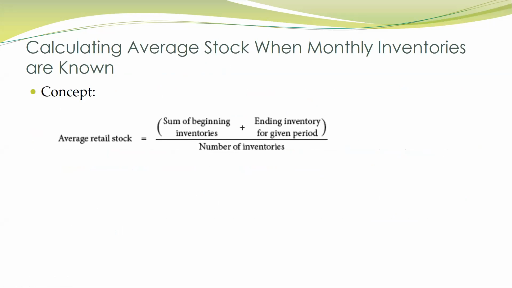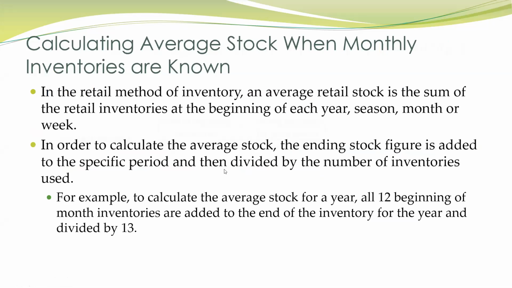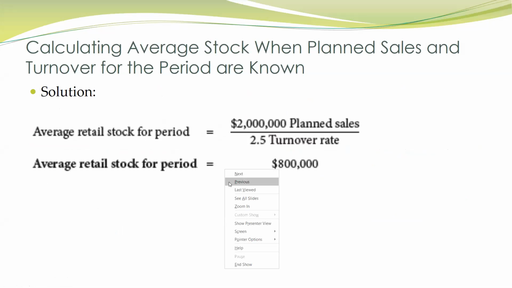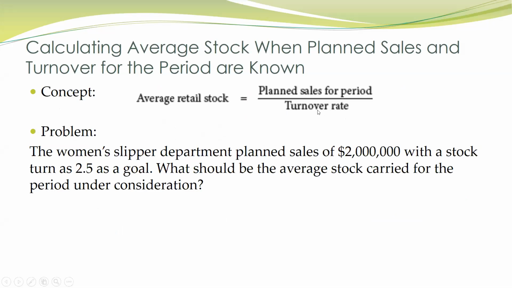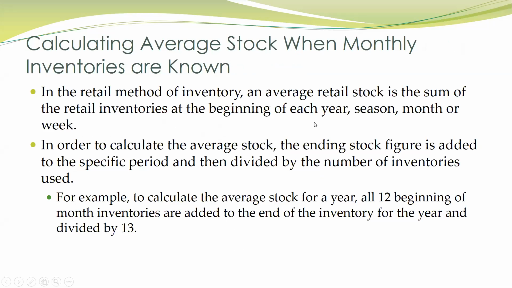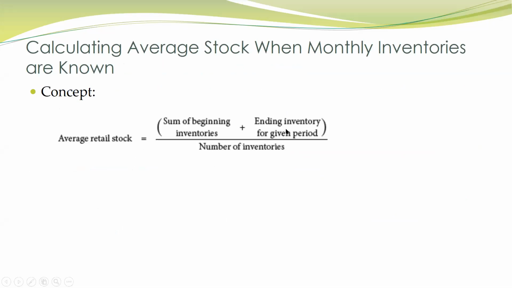So remember, there are two methods of calculating your average stock. The first method was planned sales divided by turnover. The second method is the sum of all the BOMs plus end of month of the last month divided by the number of inventories.